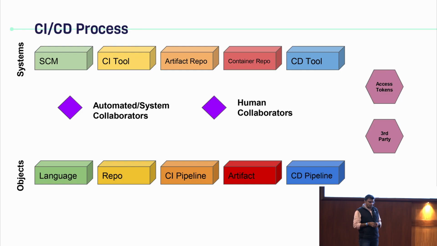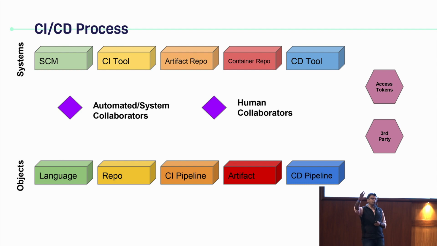So, this is what a typical CI/CD process looks like. If you unjumble, untwist that infinite loop, this is what it actually looks like. There is some SCM, some software code management kind of thing. What does that relate to?